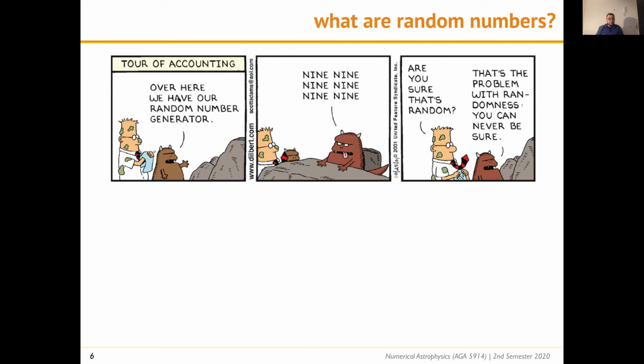Because the number is repeating, we wouldn't expect that to be random. But that's the problem. With randomness, you can never be sure, because it's random. Things may come out, however unlikely. You may, for example, toss a coin and get 10 heads in a row. It's unlikely, but it's not impossible. And that's the whole point.